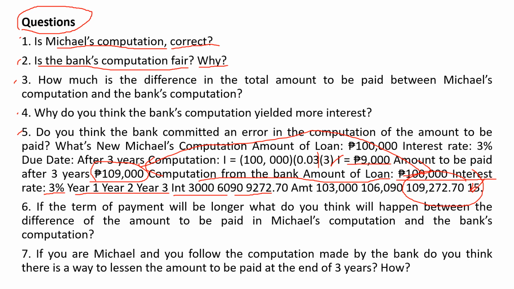And for number 6, if the term of payment will be longer, what do you think will happen to the difference of the amount to be paid in Michael's computation and the bank's computation? And for the last guide question, if you are Michael and you follow the computation made by the bank, do you think there is a way to lessen the amount to be paid at the end of 3 years?